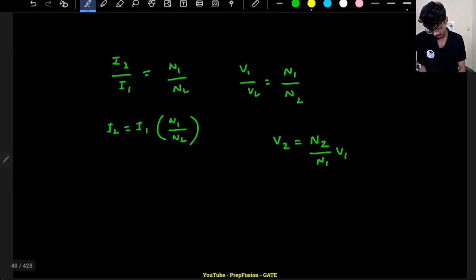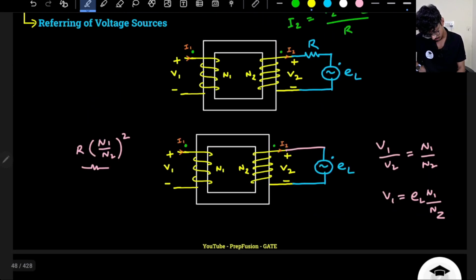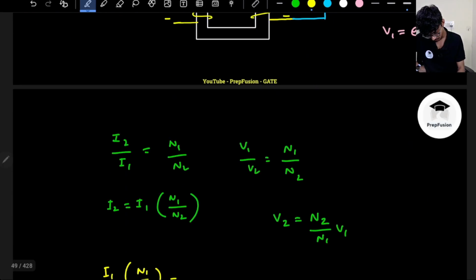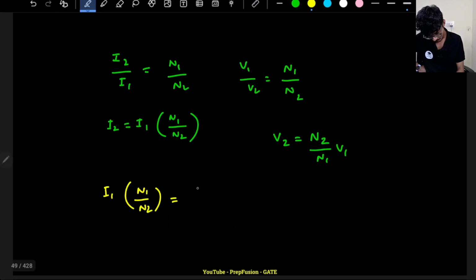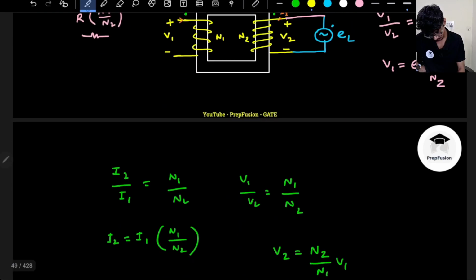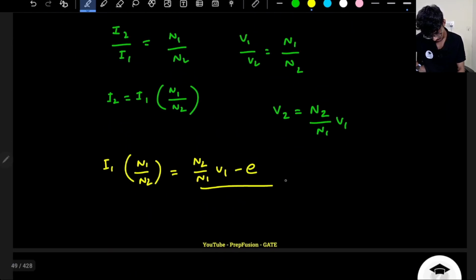So I can directly write that I2, which is I1 into N1 divided by N2, is equal to N2 divided by N1 into V1 minus EL, divided by R. EL is still there and R is still there. Of course, all these are AC sources. So what else can I do?